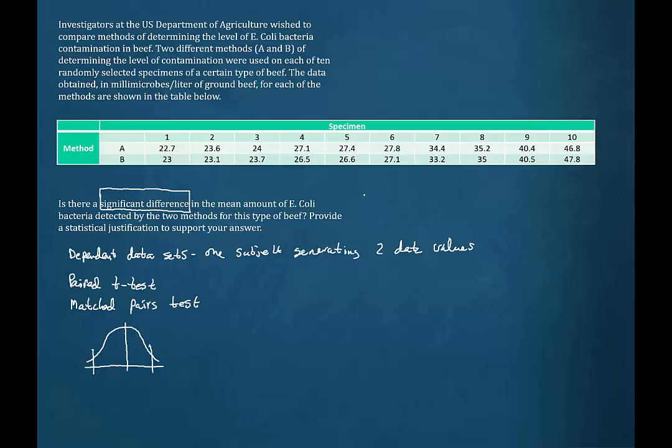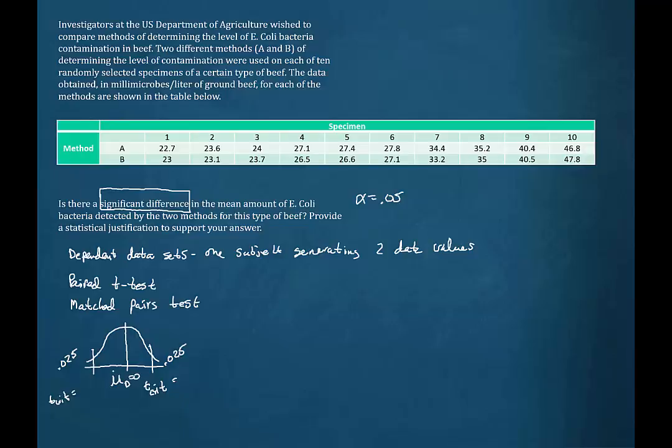And then if we choose alpha to be 0.05, that's going to put 0.025 in each tail. So we'll have two critical values here, a positive one and a negative one. Also, right here in the middle then will be our hypothesized mean difference.